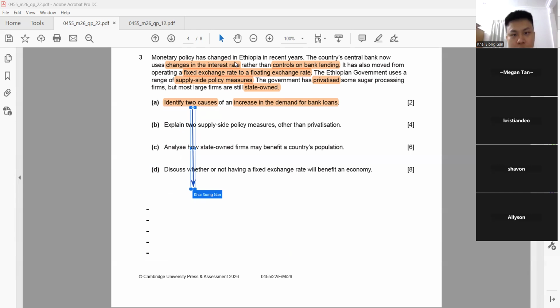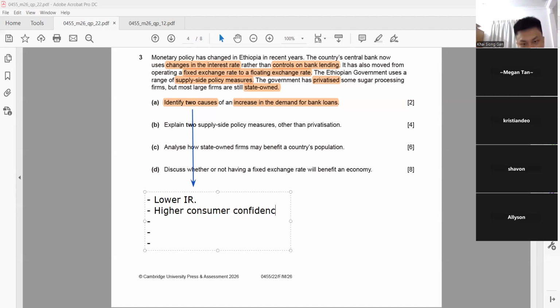Lower interest rate. What else? Lower interest rate, not lower price, huh? Yes, Chris, you are right. Okay, so lower interest rate, higher consumer confidence, higher business confidence.